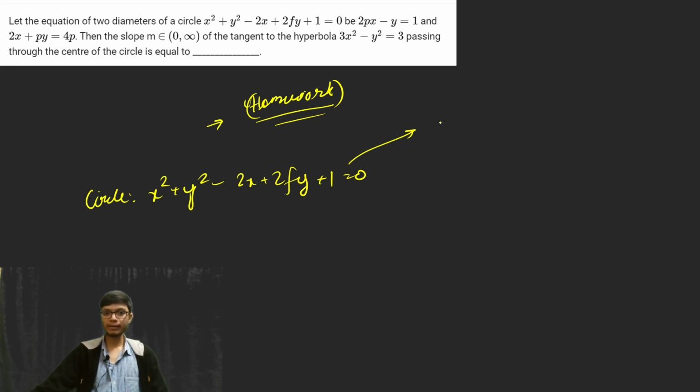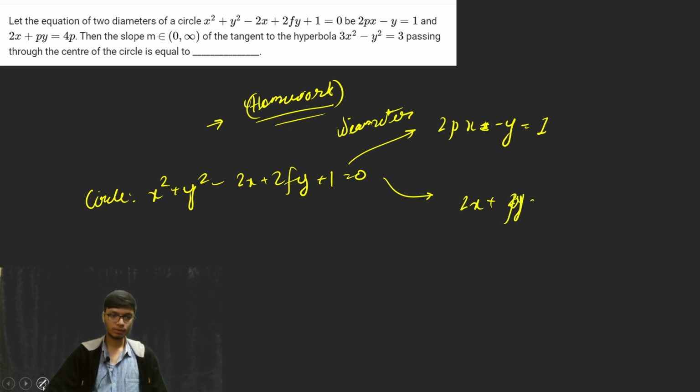Out of them, the two diameters' equations are px - y = 1 and the other diameter is 2x + py = 4p. These are the two diameters. From solving these two diameters, we will get the center.